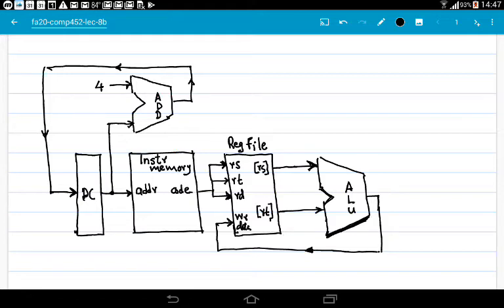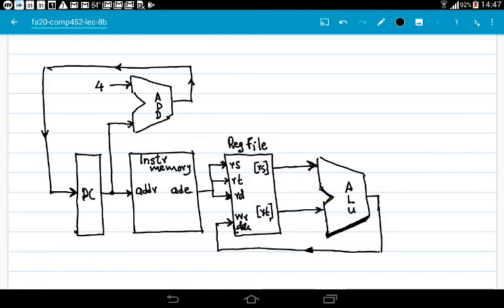All right. What you see in front of you is the data path that was complete for R-type instructions: add, subtract, and, or, nor, and SLT.